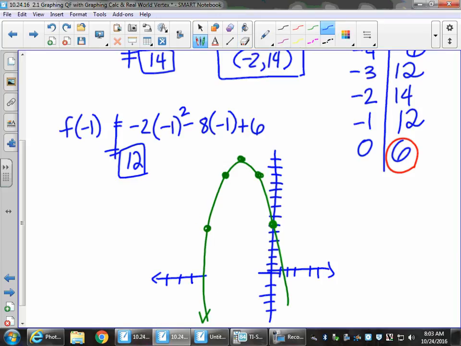How's the graph coming out? Because I don't have graph paper on the smartboard. Should be skinnier. Who's done with their graph? Let's take out our graphing calculator. So let's go into our graphing feature.